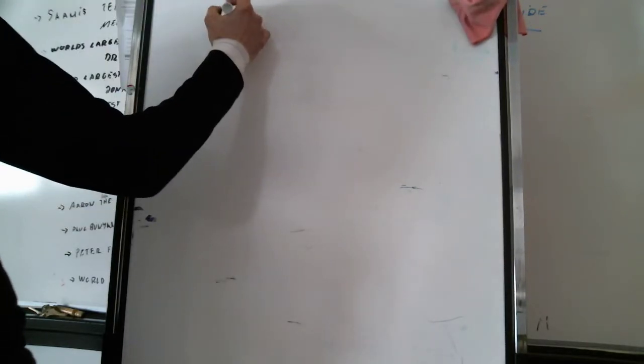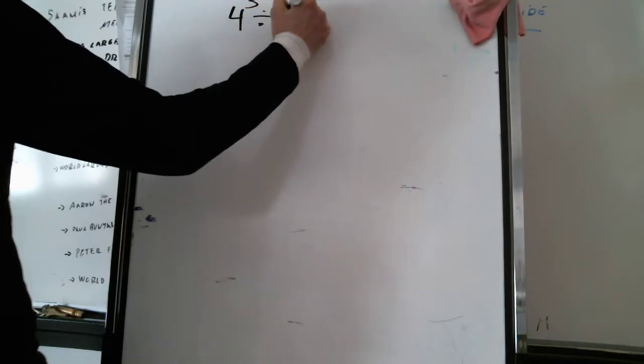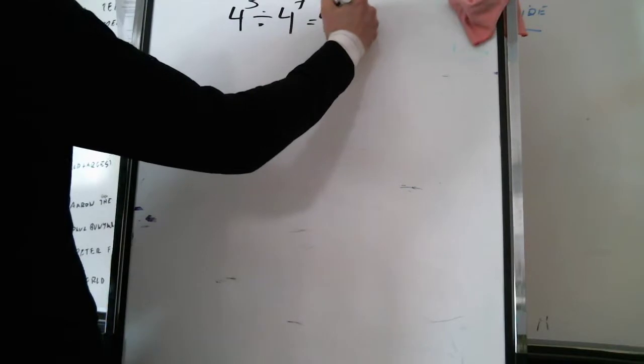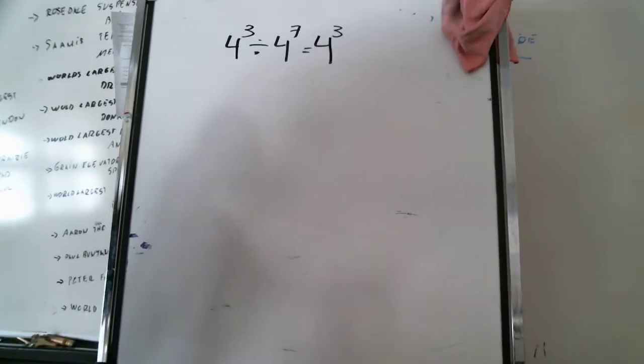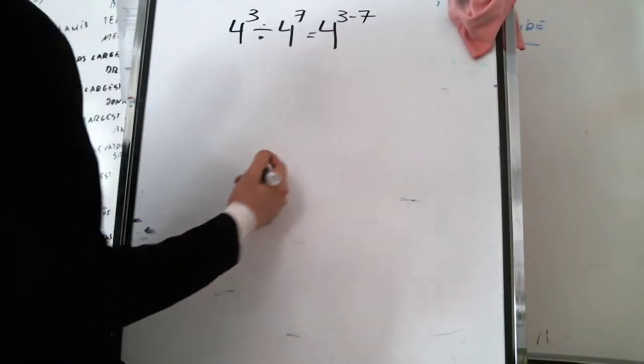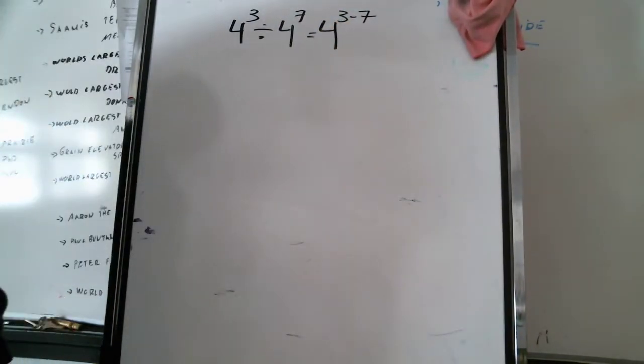Oh, by the way, before I go on, let's say we have 4 to the power of 3 divided by 4 to the power of 7. Well, we go 4, 3. Can you see that? Barely. Hold on. Yeah, there we go. 3 minus 7. Now, a lot of you are going to make big mistakes here. Okay?